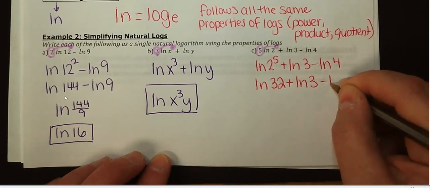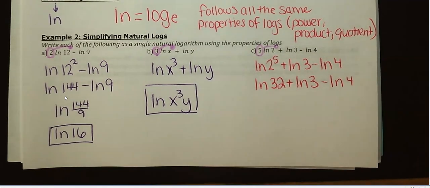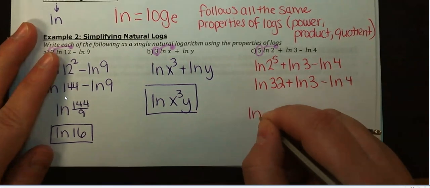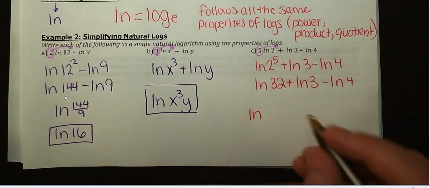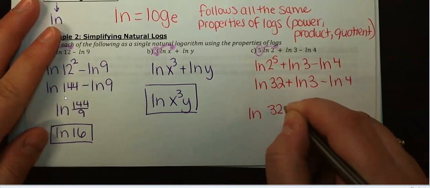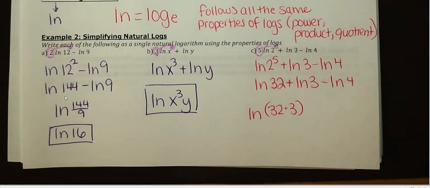Okay, now, following this, I have adding, so that's going to be a product rule. I also have subtraction, so that's going to be a quotient rule. When I put this together, you've got to apply it as you read it from left to right. So first thing I should do here, I've got the 32 plus the natural log of 3. I'm going to take and do 32 times 3. I have to do that first, figure out what that is.